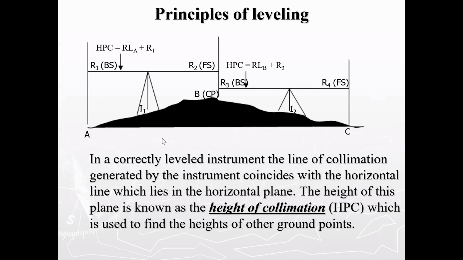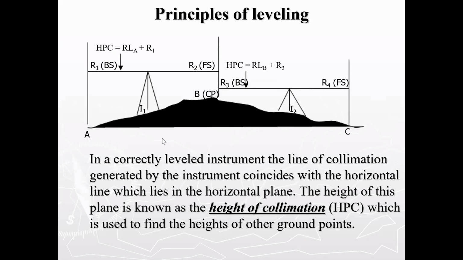Yes. Now, after we have established the elevation of that height of collimation, we know that our point B is R2, which is the staff reading at point B, below our line of sight. We place our staff at point B, and the staff reading is R2.